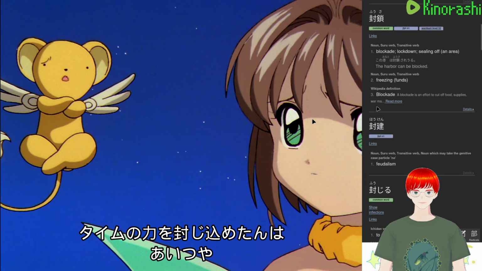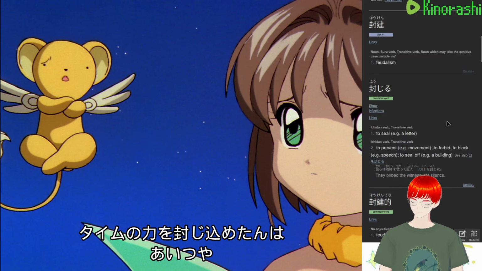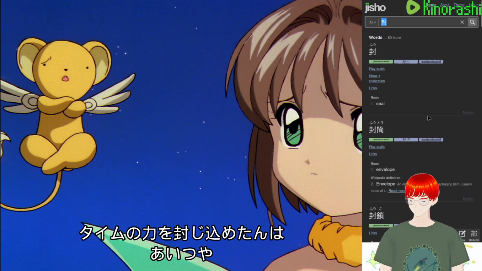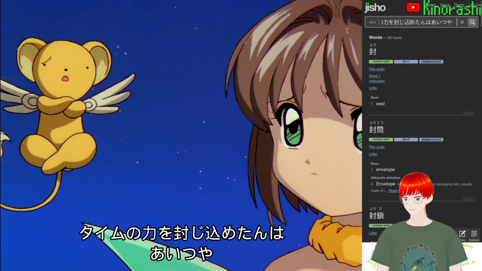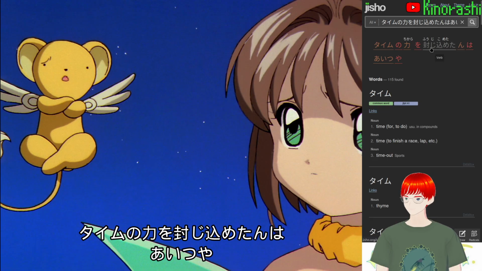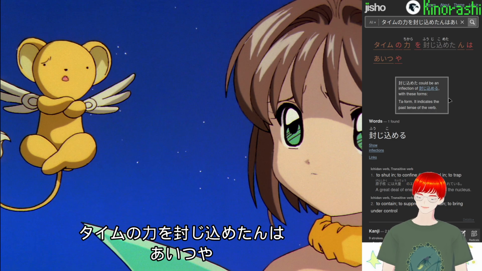Okay, so this is in the noun form, Fuji. So Fujiru is to seal, but Fuji is the concept of being the noun of being sealed. So Fujikomu would be to completely seal it, I guess.